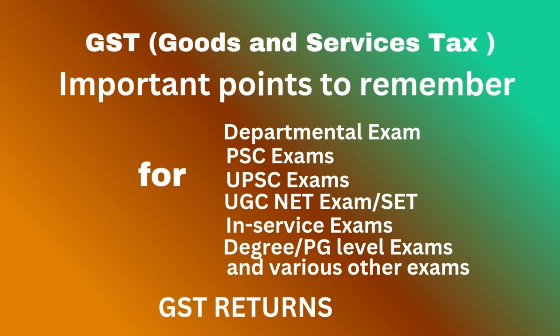The maximum time limit within which such amendments are permissible is the earlier of the following dates: the 30th day of November following the end of the financial year to which such details pertain, or the date of filing of the relevant annual return, whichever is earlier.